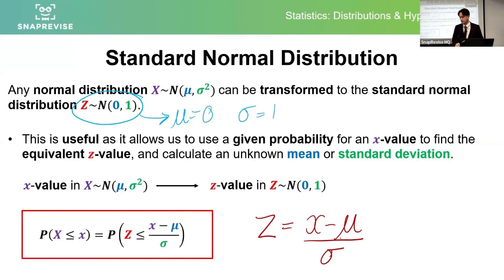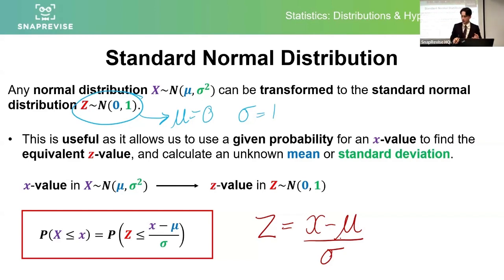So we can rearrange this if we have unknowns in the question to find sigma and find mu. So this is really important. So the whole idea is that we're shifting any normal distribution we want onto this standard normal.